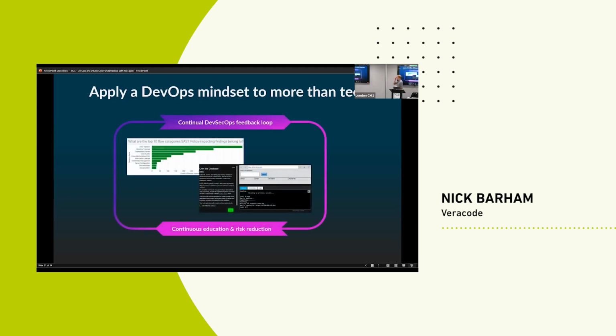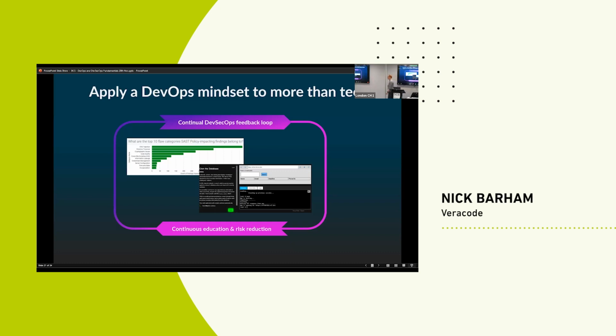So this diagram is intended to show that this continual feedback loop and continual education and risk reduction is equally as important as having all of these technologies set up perfectly, because you want to be using the metrics and the findings and the aggregation of knowledge to improve education for specific teams.